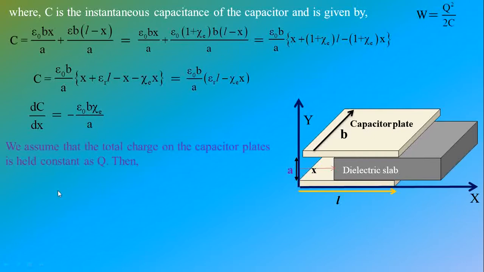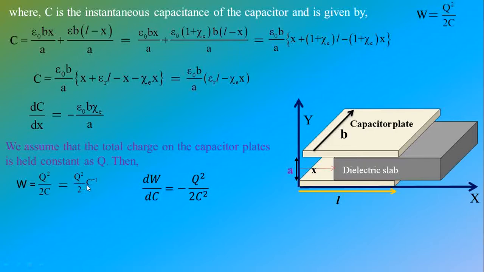We assume that the total charge on the capacitor plate is held constant as Q. W is equal to Q square by 2C from the previous equation. We can differentiate with respect to C, keeping Q constant. So dW by dC is equal to minus Q square by 2C square.